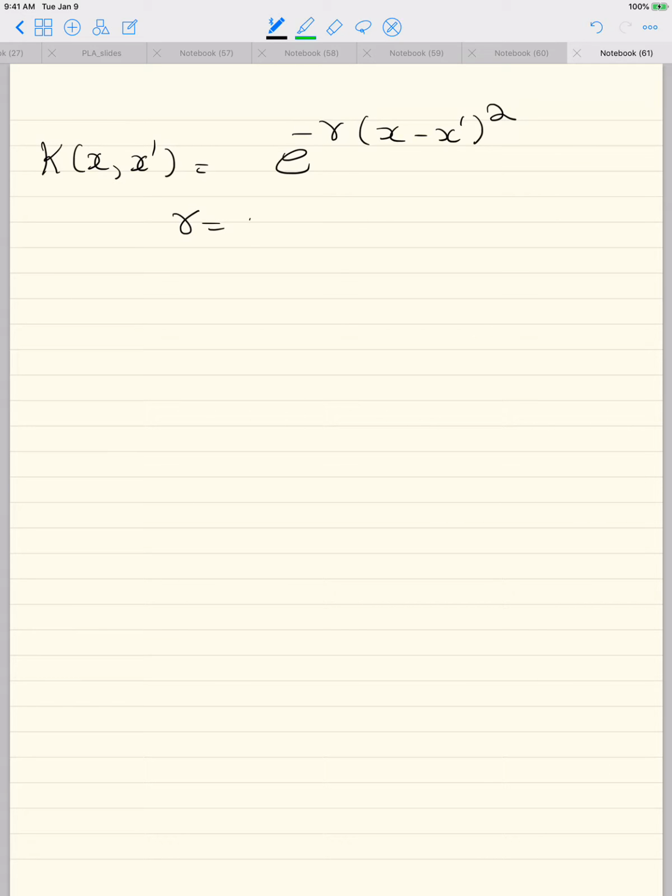Let's for simplicity assume gamma is 1. So this is e to the minus of x minus x prime squared. So if we were to expand this, what do we get? We get e to the minus x squared plus x prime squared minus 2x x prime.